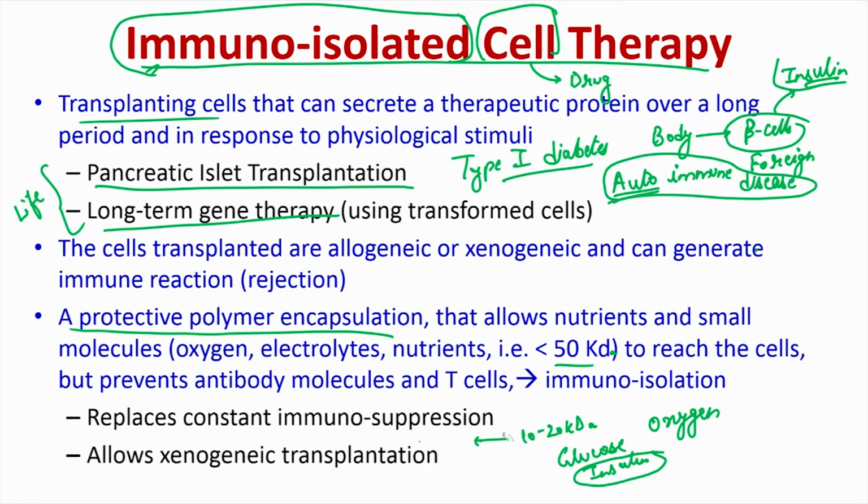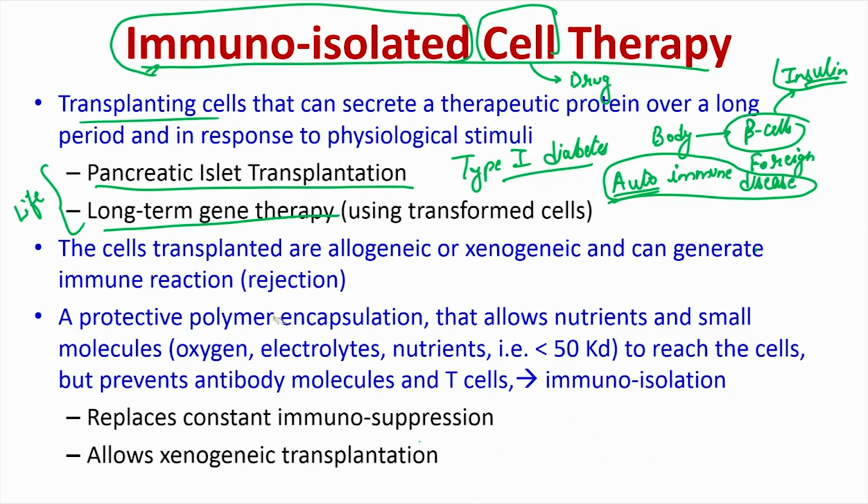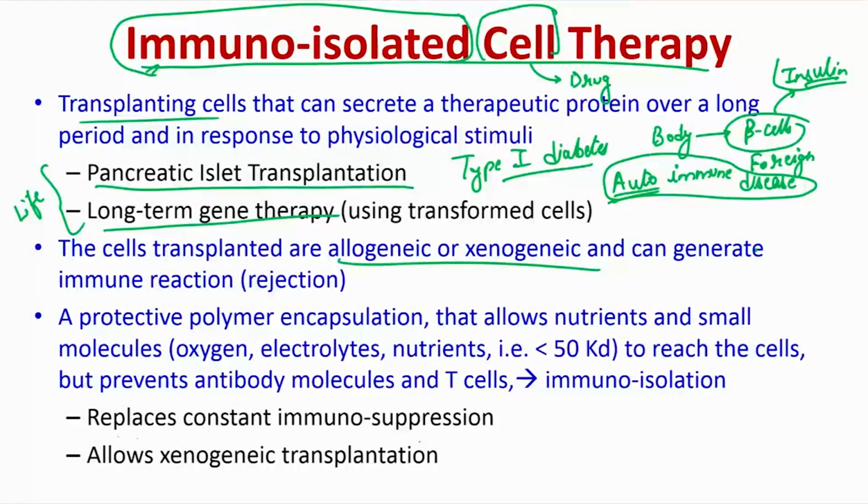So, this replaces the constant immunosuppression that would be needed. In general, if you are putting in anything allogenic or xenogenic, you will have to supplement it with immunosuppression, and that would mean that your immune system is now weak. So, pathogens such as bacteria and viruses can come and attack, whereas in this particular case, because of this barrier, you do not really need immunosuppression anymore.